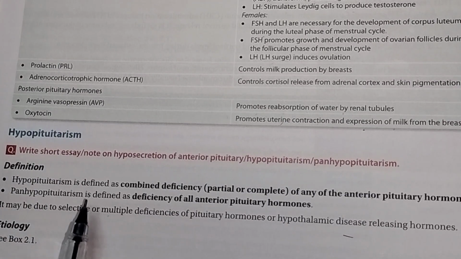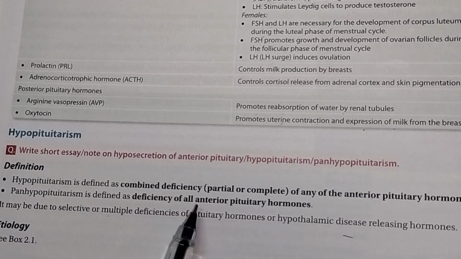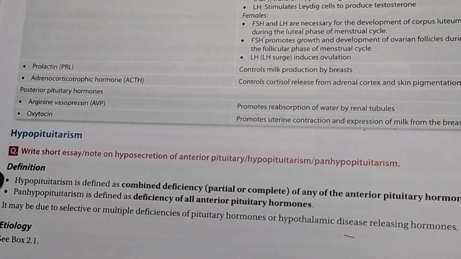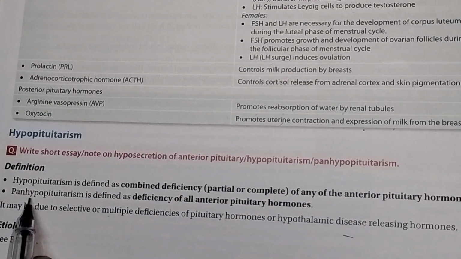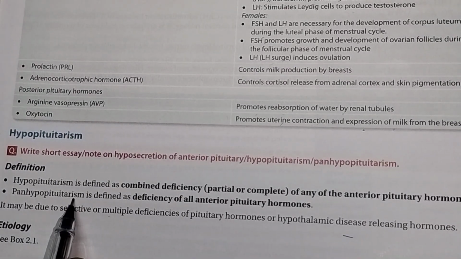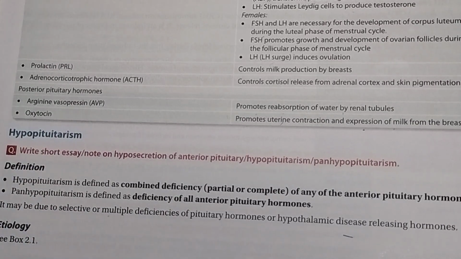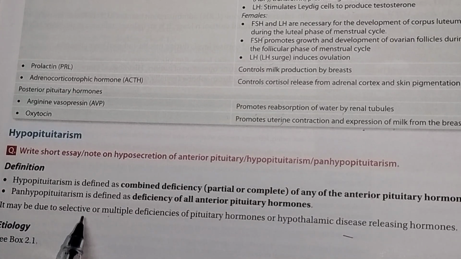Panhypopituitarism is defined as deficiency of all anterior pituitary hormones. Two terms you need to remember: hypopituitarism and panhypopituitarism. It may be due to selective or multiple deficiencies of pituitary hormones or hypothalamic disease affecting the releasing hormones.